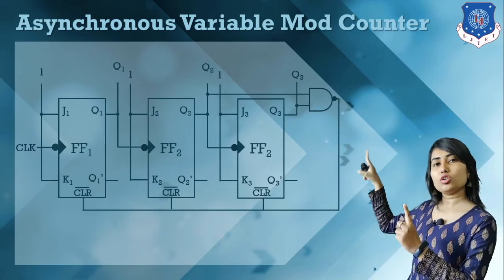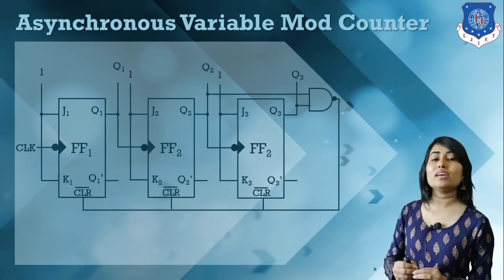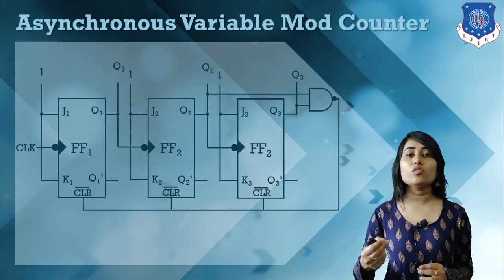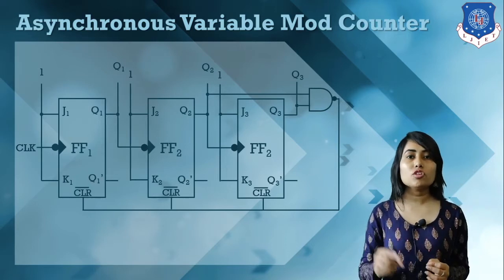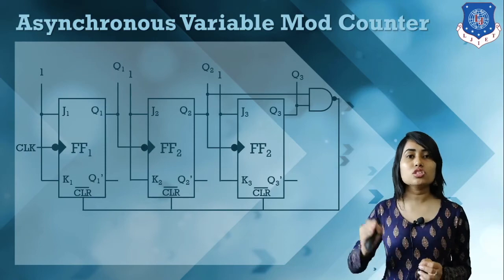Here we have a 0 and CLR is equal to 0. Whenever this CLR is activated with active low input, the stored value in the flip flops is cleared and we have the 0 0 0 state.